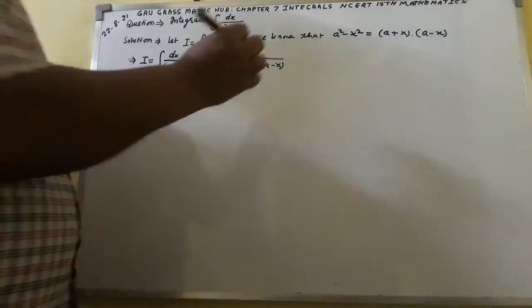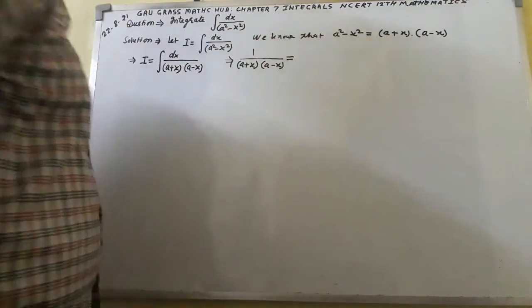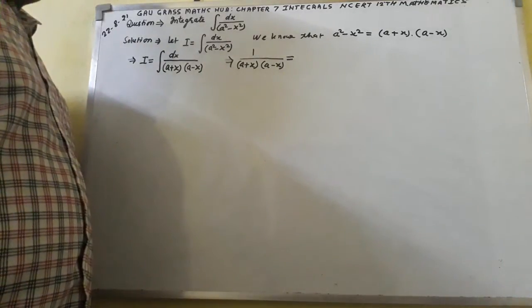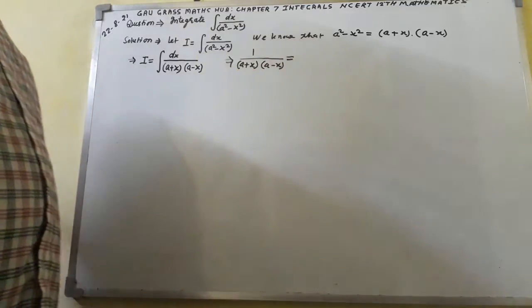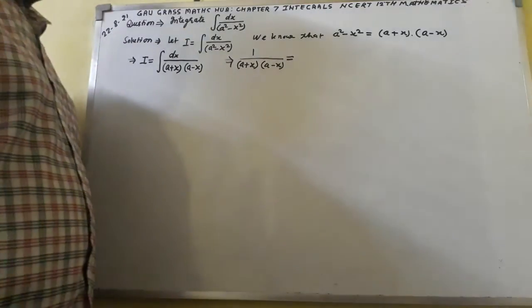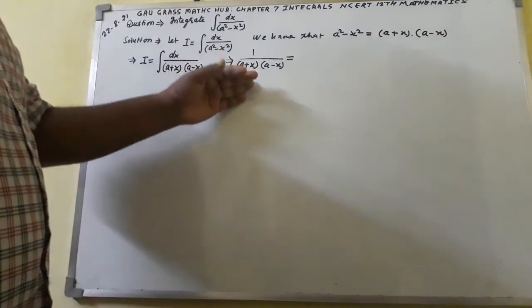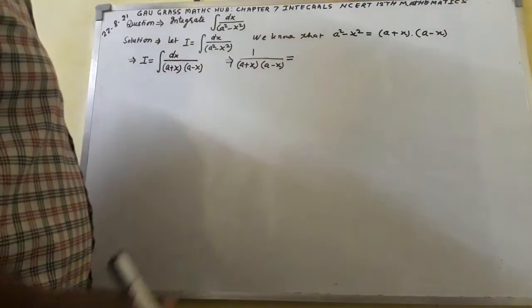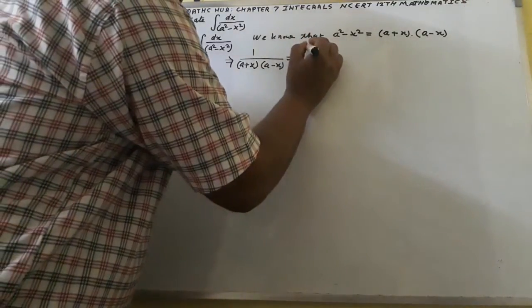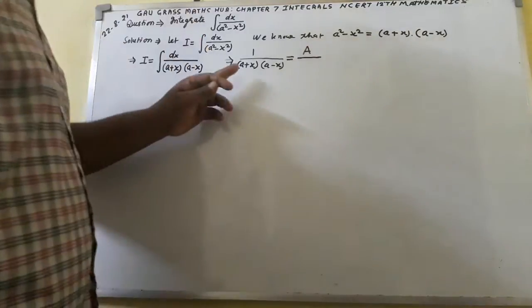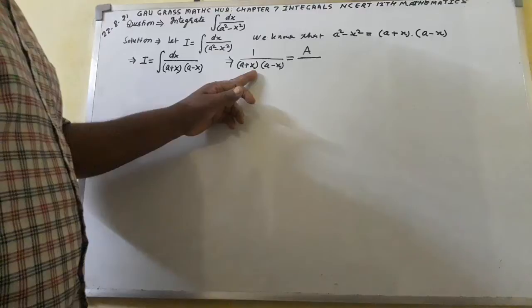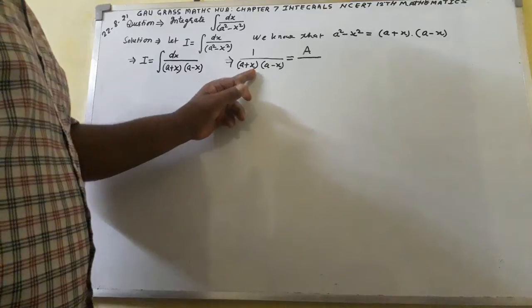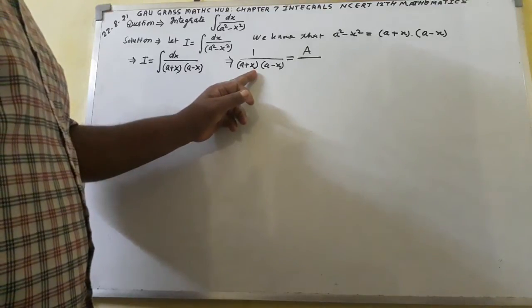Now use the concept of partial fractions of rational functions. This is a rational function. Here you can see a plus x: x is a variable, a is a constant, x has power 1, so a plus x is a linear factor.